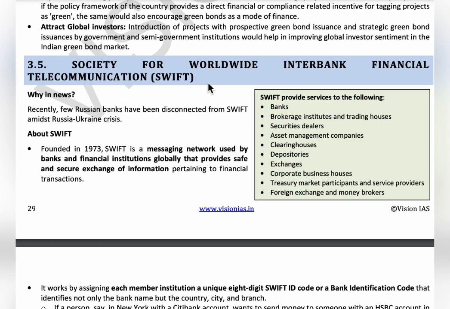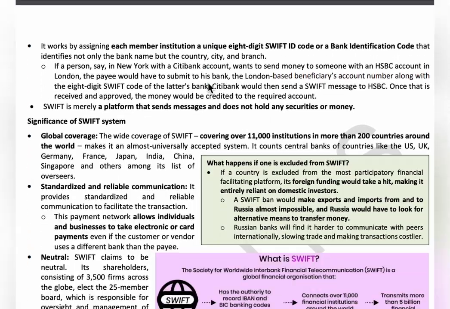So once the message is approved, then the money will get automatically transferred. So this makes exporting and importing very easy. So for international trade and commerce, this SWIFT is widely used. But here, a few Russian banks have disconnected from this SWIFT amidst the Russia-Ukraine crisis.